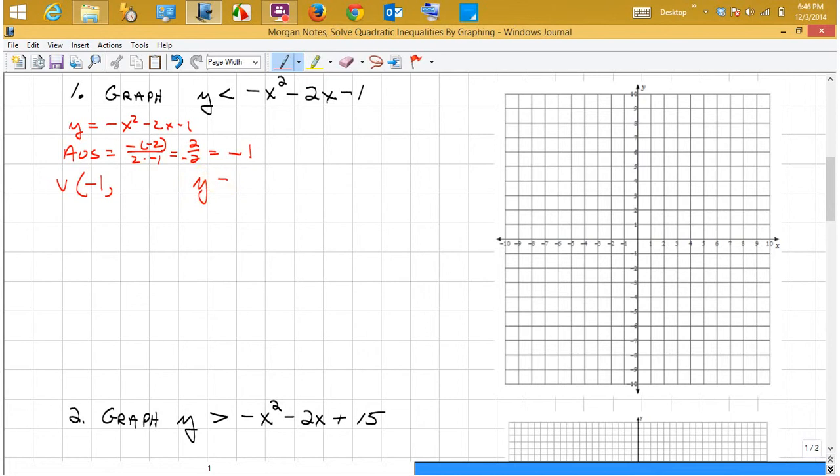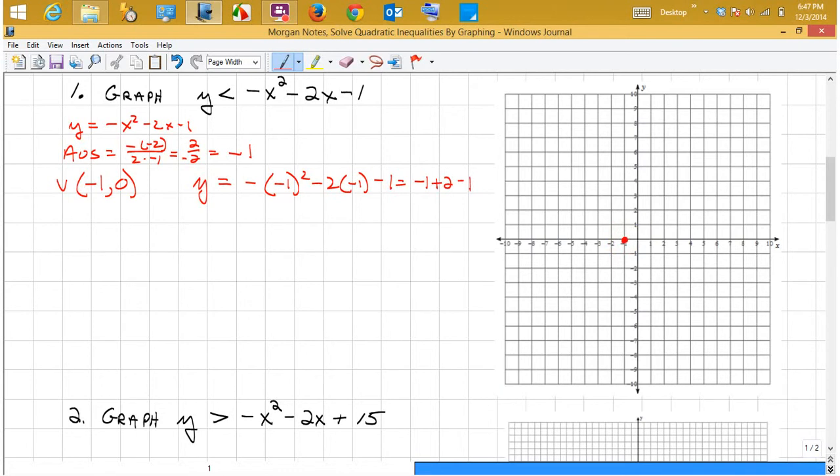So y is equal to the negative of negative 1 squared minus 2 times negative 1 minus 1. That would be negative 1 plus 2 minus 1, so that would be 0. So my vertex is at negative 1, 0.